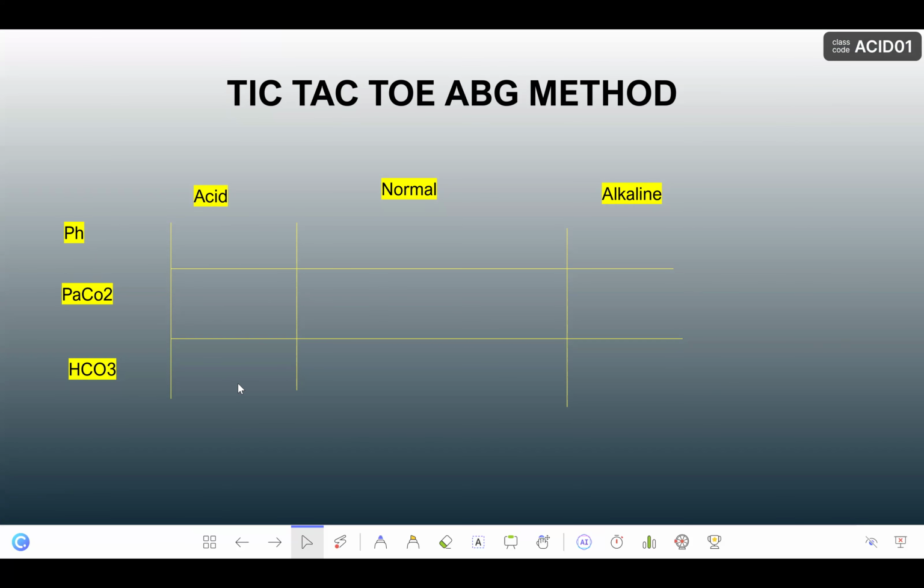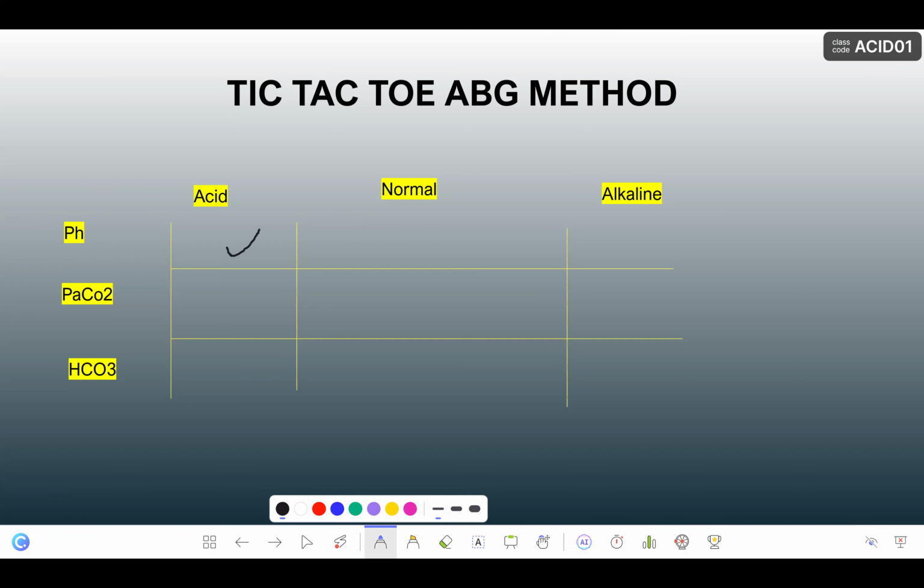We're going to go through a couple of different lab values and find out exactly what's going on. The first one is a pH of 7.33. The normal pH is 7.35 to 7.45, so 7.33 would fall into pH as an acid.